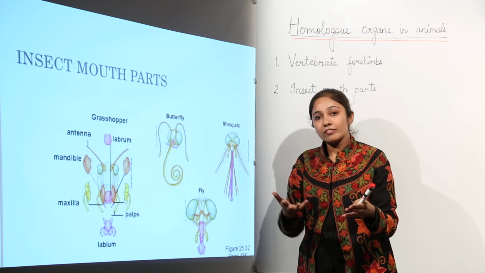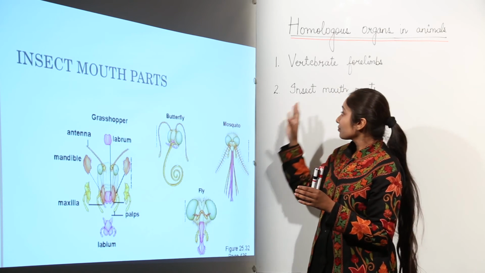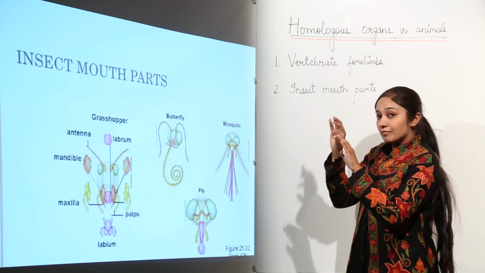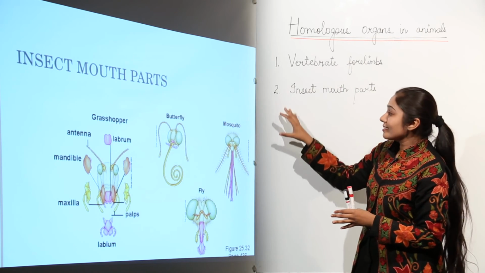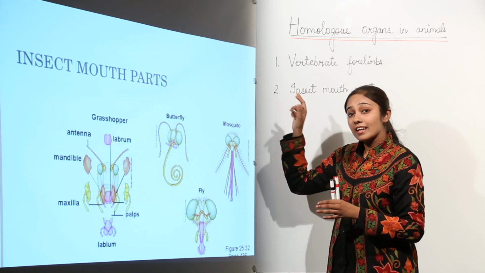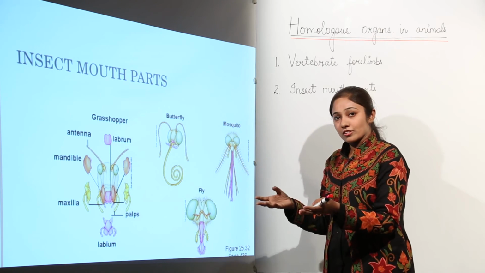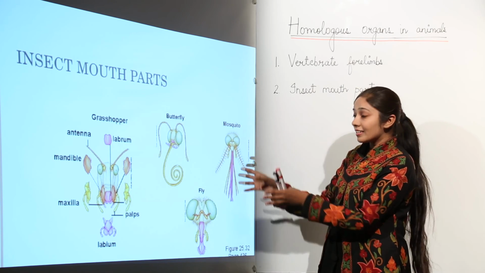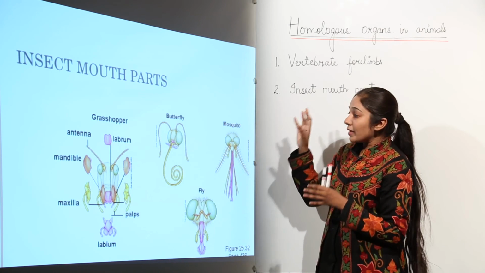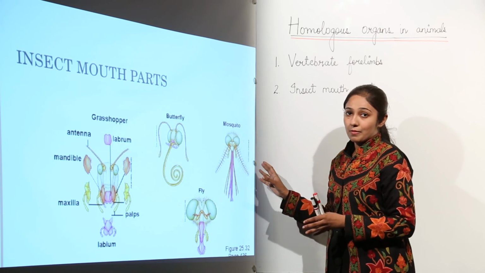Although they perform different functions and appear different from outside, the basic structure, the anatomy of all the organs is same. The functions may appear different, the appearance may also appear different, but the basic structure from the inner side, from the anatomy, is almost the same.